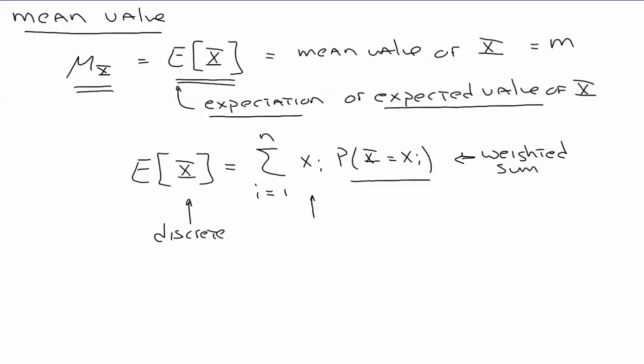Let's go back one slide and look at this result a bit more generally. This is the weighted sum average. This is also known as the relative frequency approach. My probability here is actually a relative frequency.